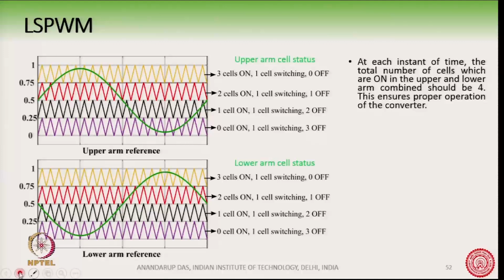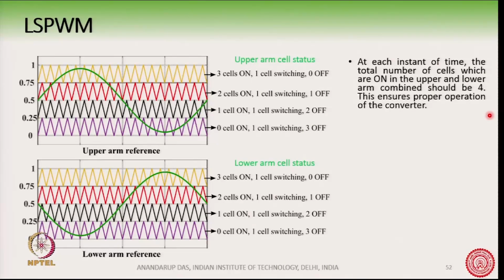So, for the upper arm, the reference waveform is like this, and similarly for the lower arm the reference waveform is like this, and we follow the same logic as the upper arm. Now, for this MMC, one thing that you have to remember is that the total number of cells which are on in the upper arm and lower arm combined should be 4, because there are 4 cells in each arm.